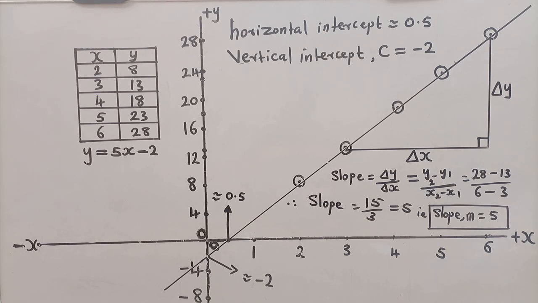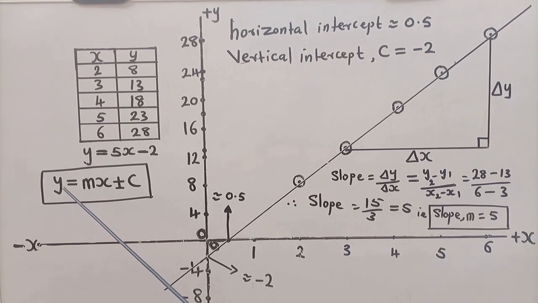What are we doing with them? We go back to our former proposition. What is it? Let's recall. We recall that we proposed earlier that y is equal to mx plus or minus c, where m refers to the slope, x refers to the independent variable, c refers to the vertical intercept, while y refers to the dependent variable.